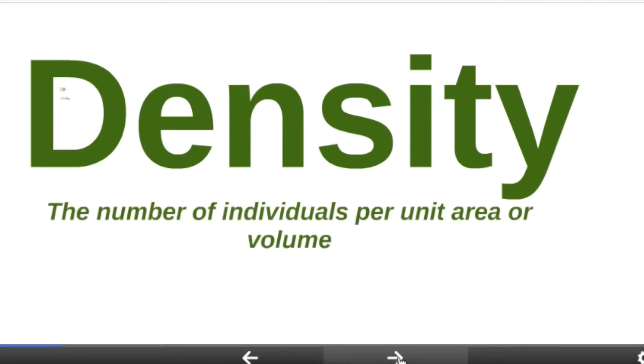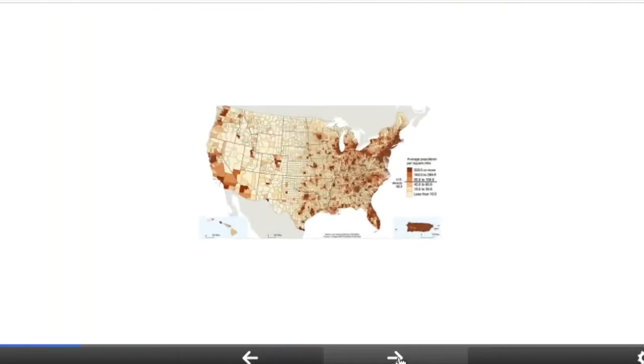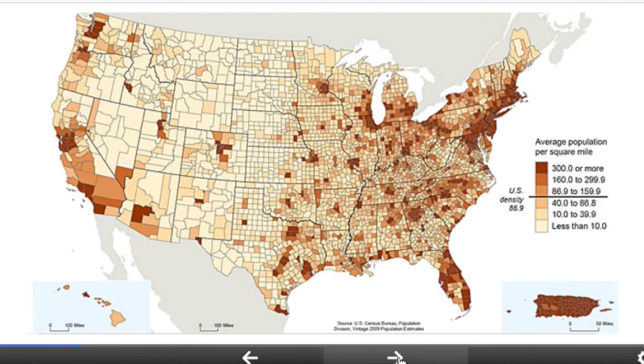Population density deals with the number of individuals per unit area or volume. What this means is how densely packed or tightly packed is your population within an area. For example, here's a population map or density map of the United States. You can see that in the Midwest, the population is less than 10 per square mile. They are not very densely packed.